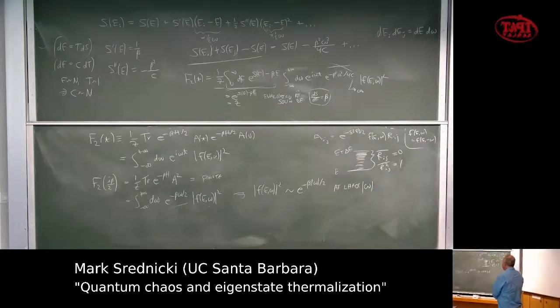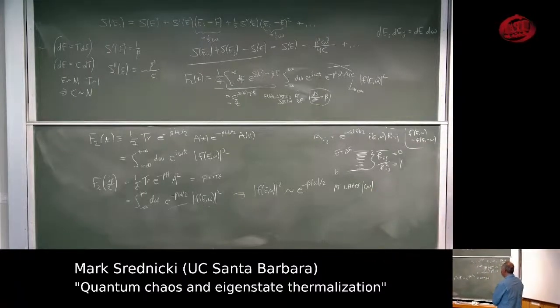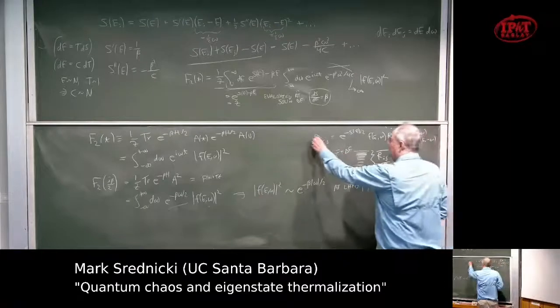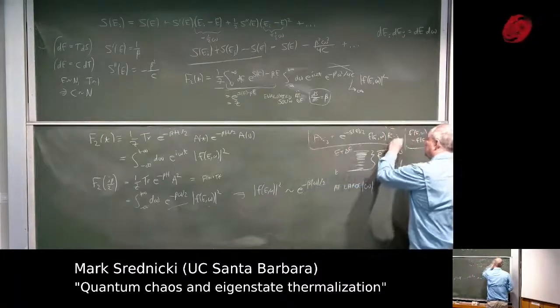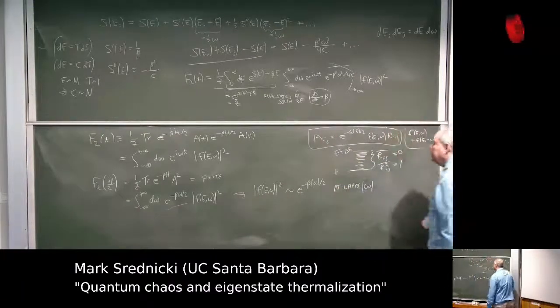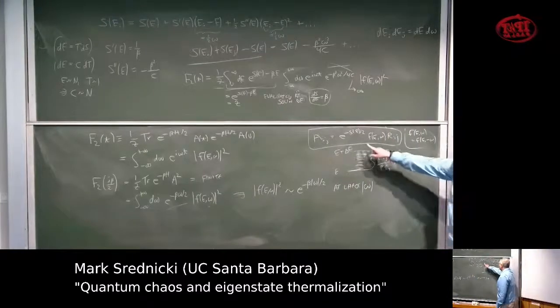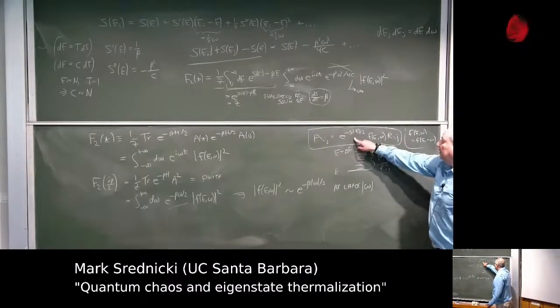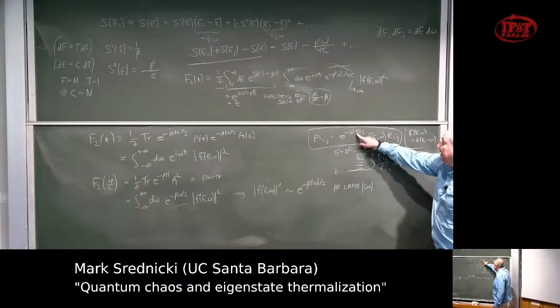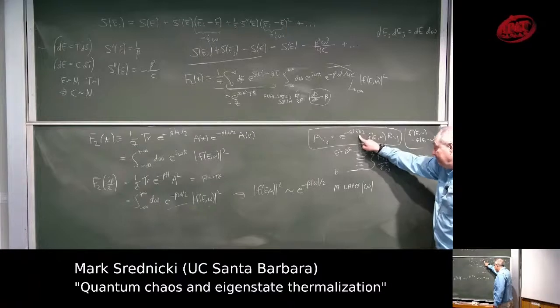And this really comes from this original formula being maybe not the smartest way to have written it. Here, the exponential prefactor was taken to be e to the minus s of the average energy.